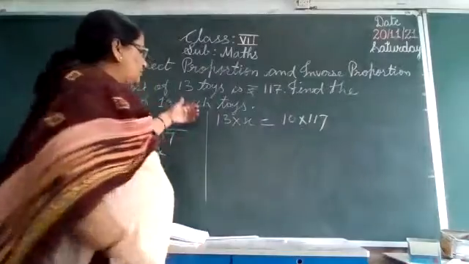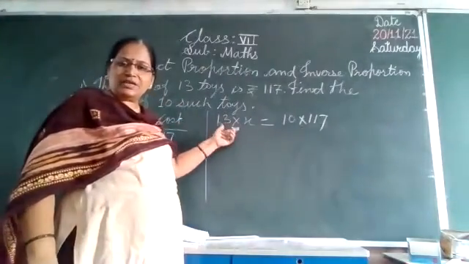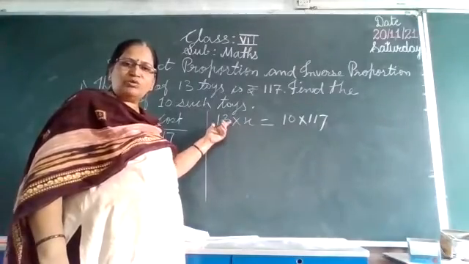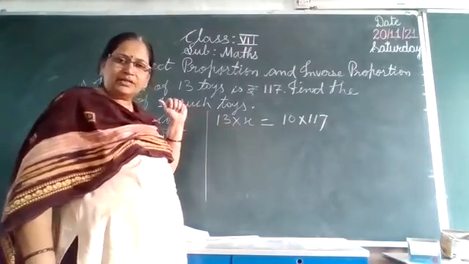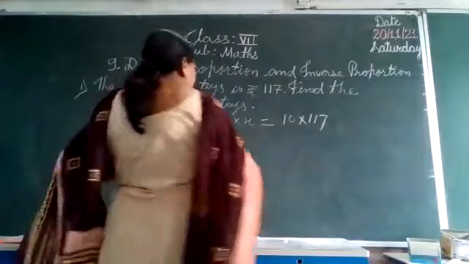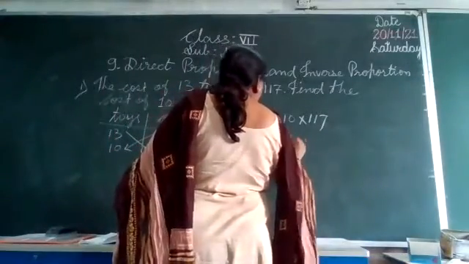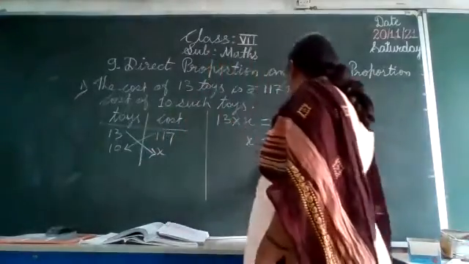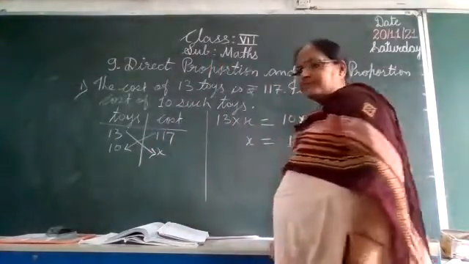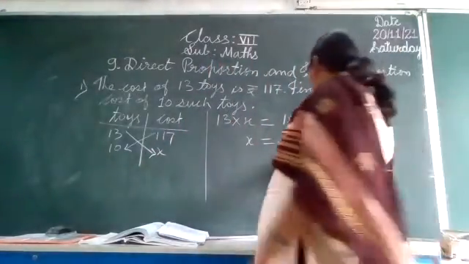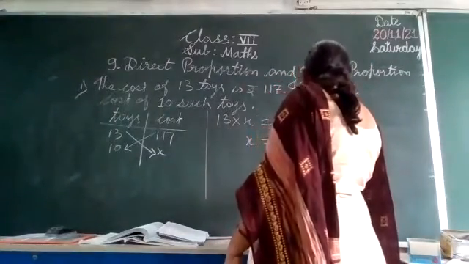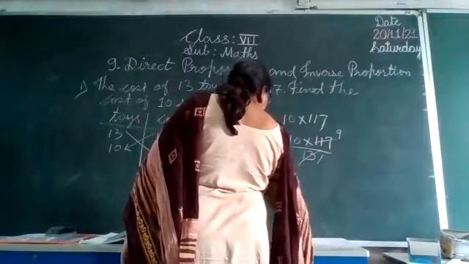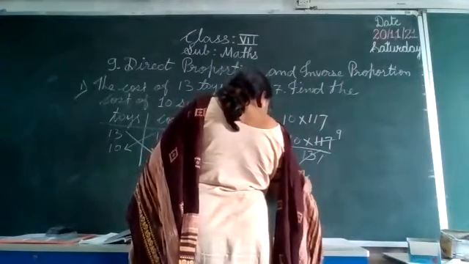Okay. So it becomes a simple linear equation. And to find the value of this variable X, you have to remove multiplied by 13 from this side. So it goes division. X equals 10 multiplied by 170 divided by 13. 13 into 9 is 170, so 9 into 10 is 90.